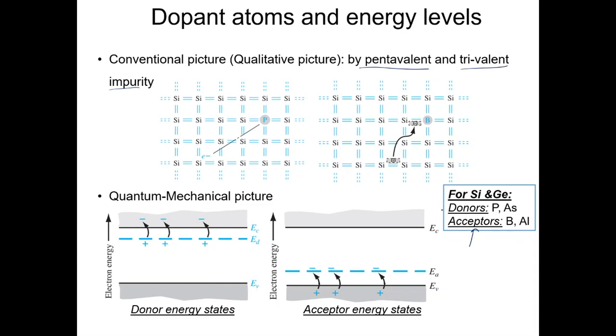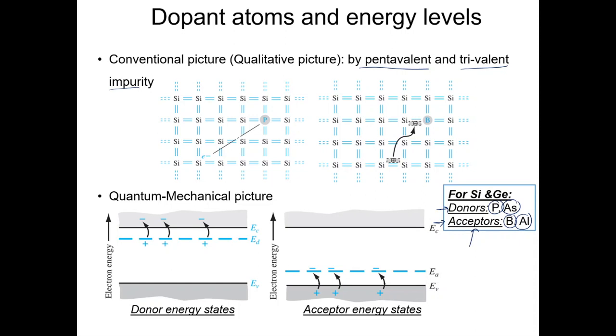Now the donor type impurities are phosphorus and arsenic, and the acceptor type impurities are boron and aluminium. Often we don't use aluminium in case of silicon as far as the regular process is concerned, but aluminium can become an unwanted or unintentional dopant in case of silicon, which would adversely affect the performance. But let's focus on phosphorus, arsenic and boron.